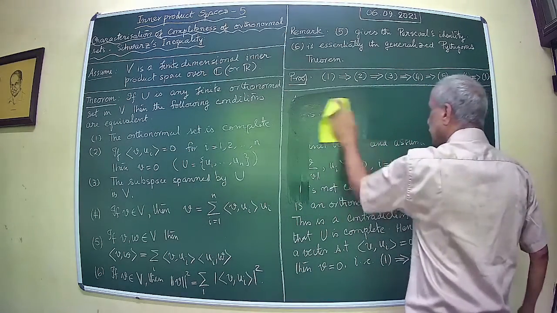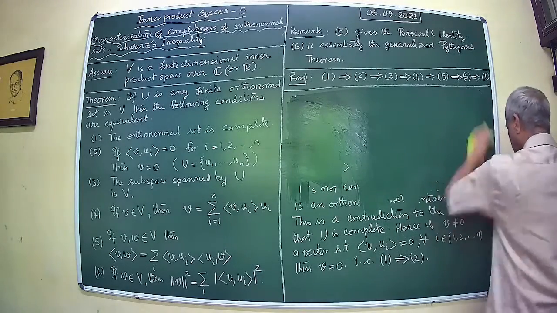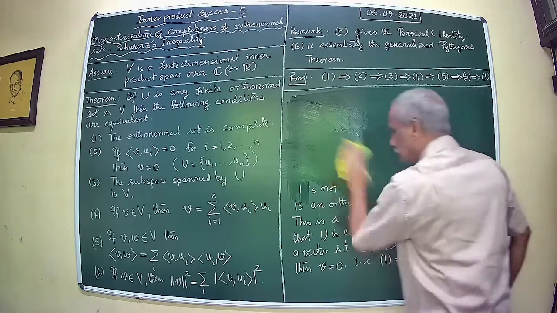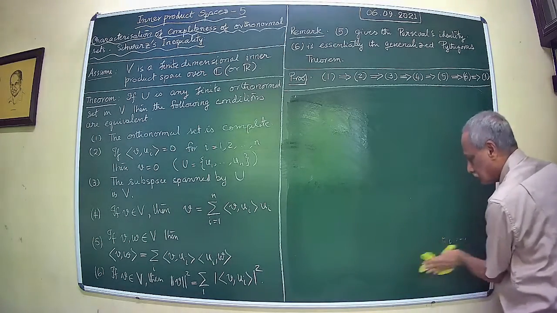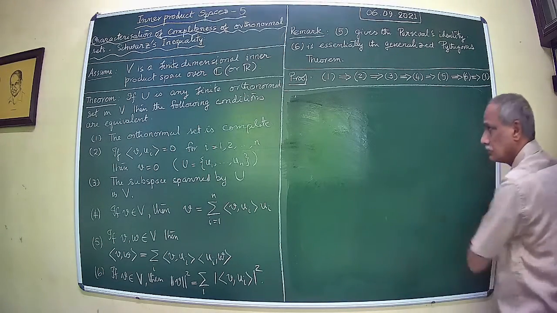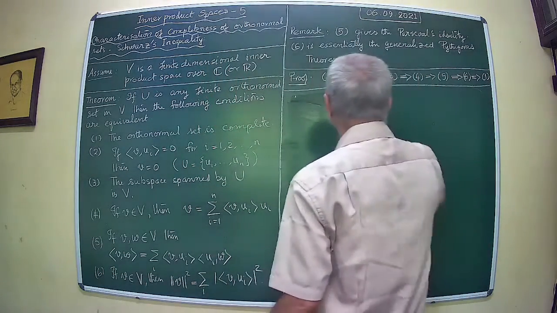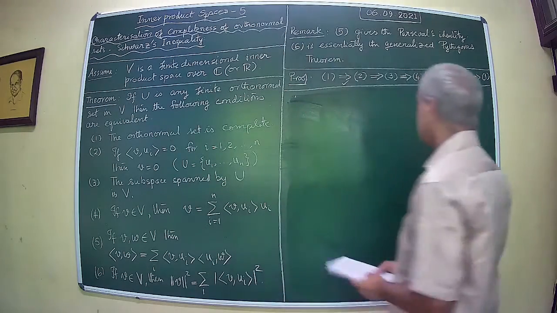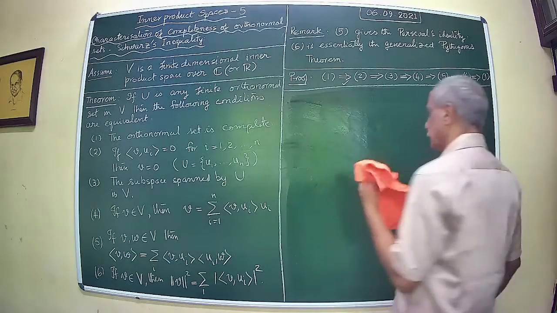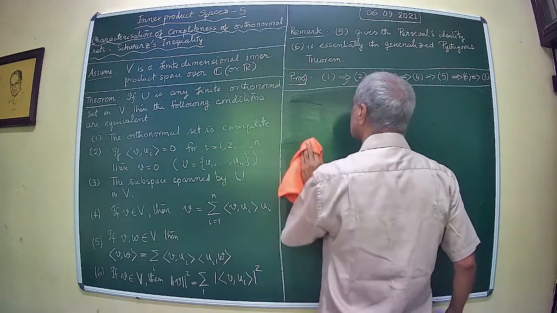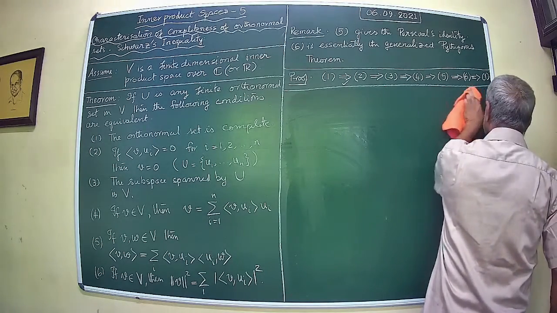I use this space for the proof. So we have proved this part. Now the next assumption is that we assume 2 and then prove that 3 is valid.